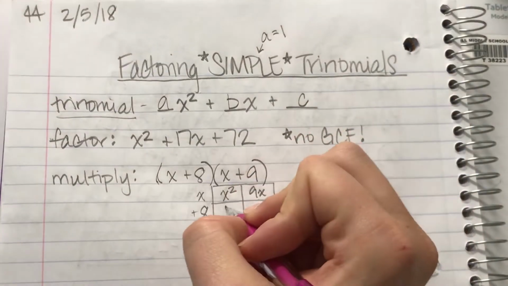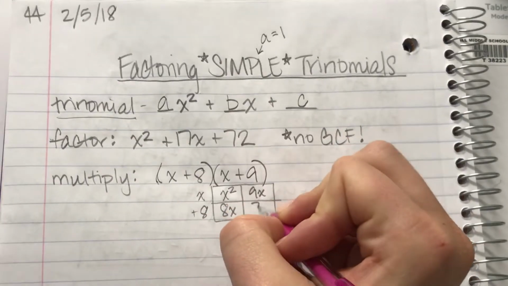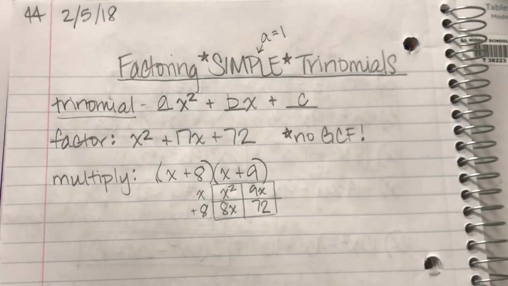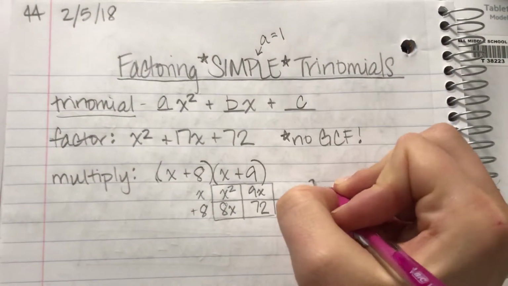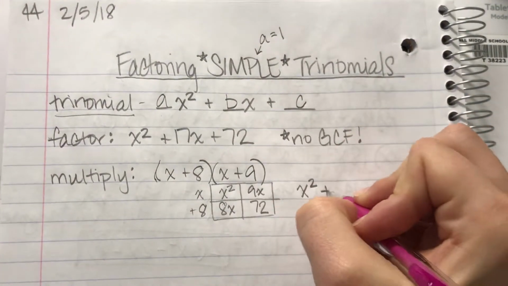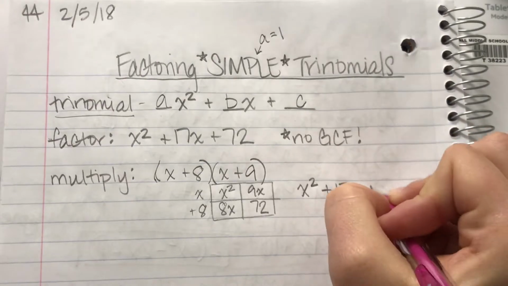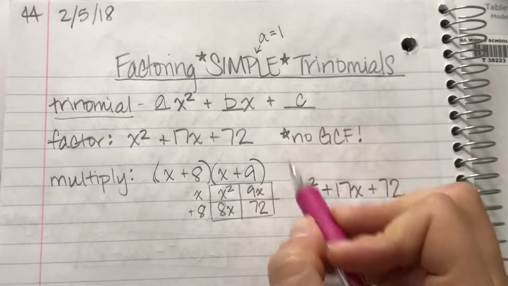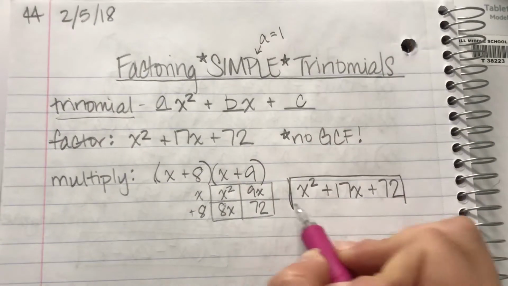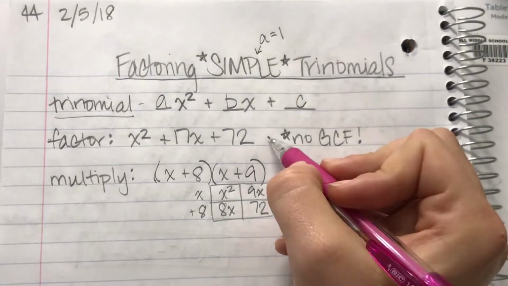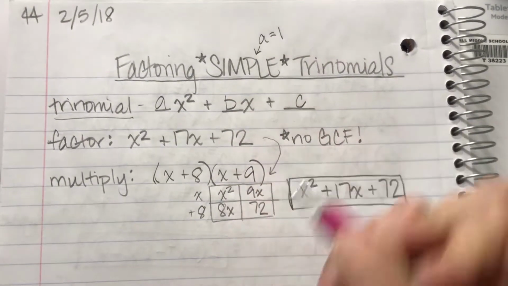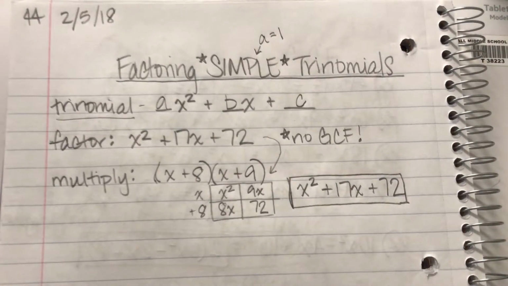Then 9x, 8x, 72. And when I combine like terms, I end up with x squared plus 17x plus 72. We just answered the question we were looking for, which is that the factors of this are right there, x plus 8 times x plus 9.